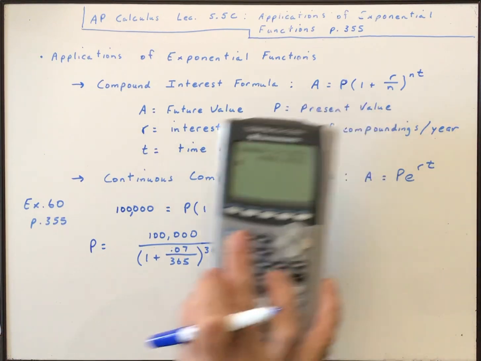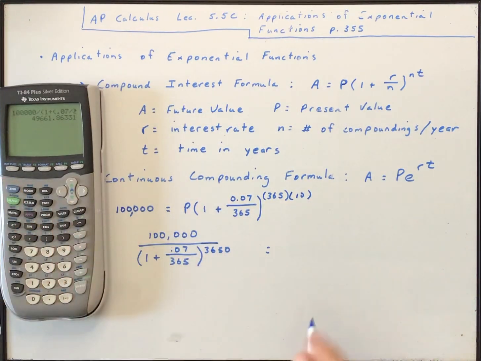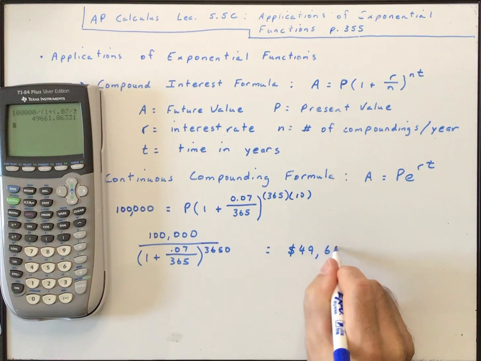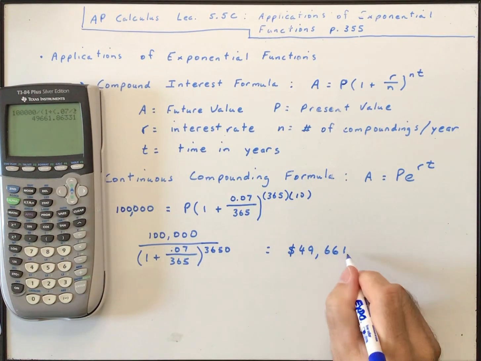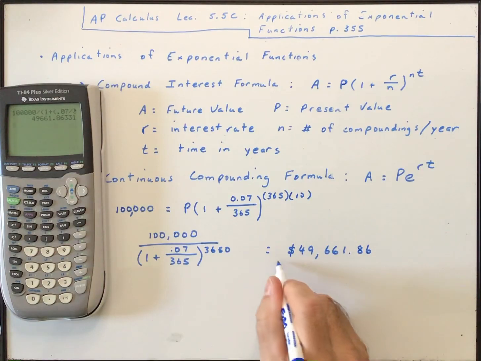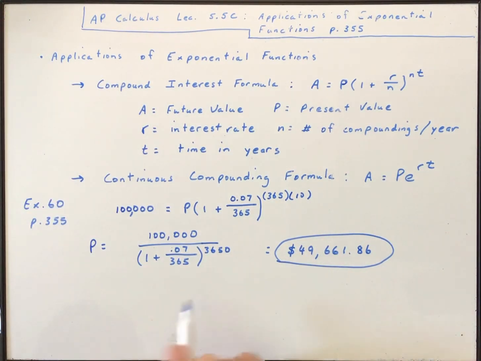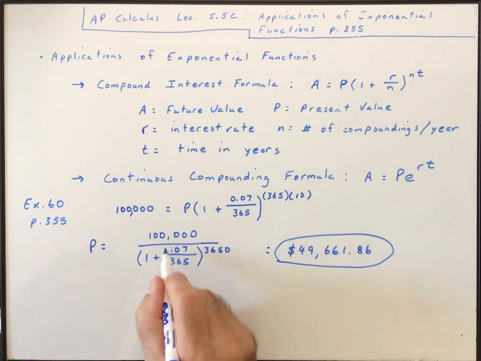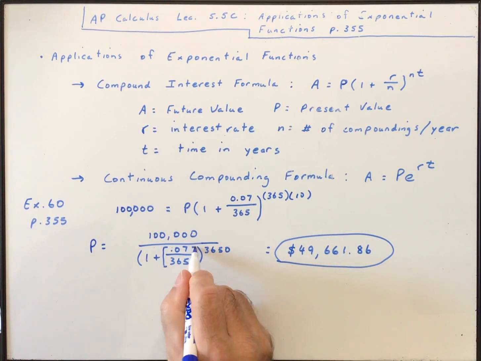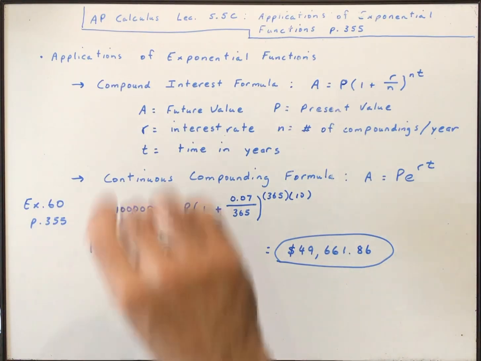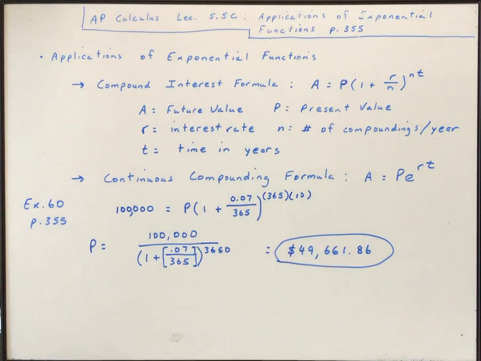All right, and you get $49,661 and 86 cents. So it's really just know the formula and then don't mess up on the calculator. Be careful with your parentheses. You're going to need a set of parentheses around this as well, and close that parenthesis. But yeah, those are the kind of problems you'll be doing on the homework. But then there's a couple of others I want to go over.